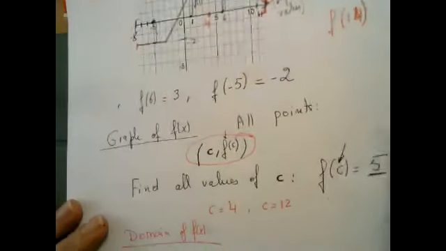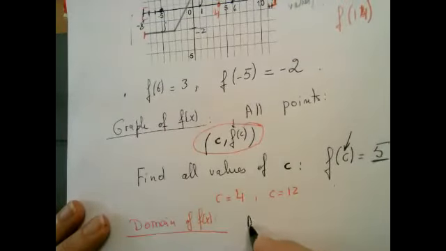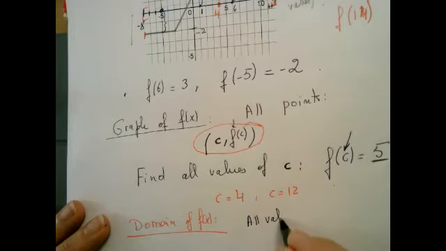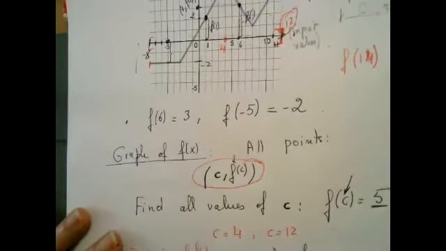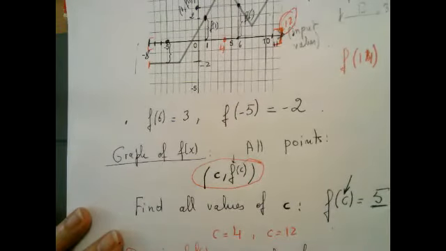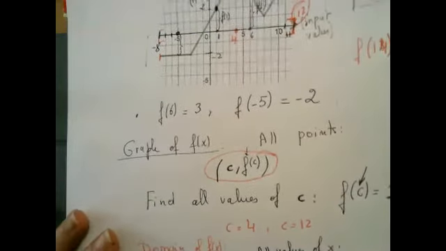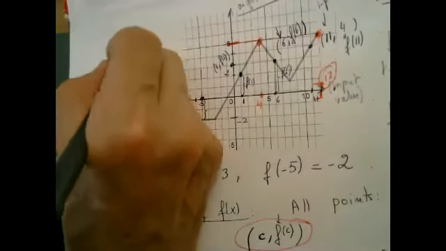The domain is going to be all the values of x, or the input values. What's the largest value that you can give me an output for? And what's the smallest value you can give me an output for? So I will write the domain here.